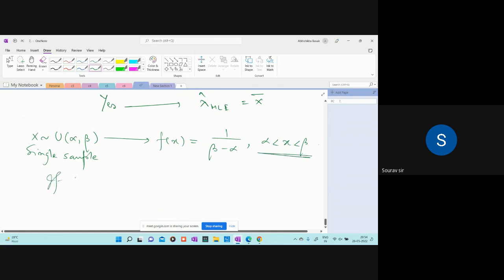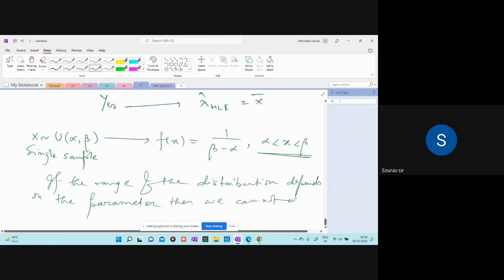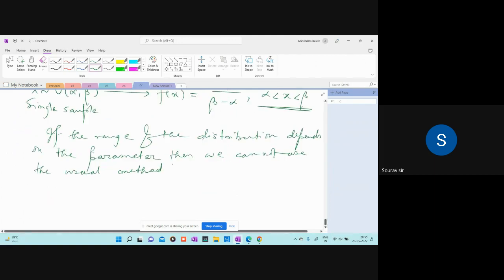So if the range of the distribution depends on the parameter, then we cannot use the usual method. Usual method means the method of derivative, basically.